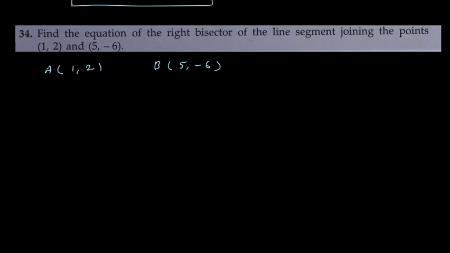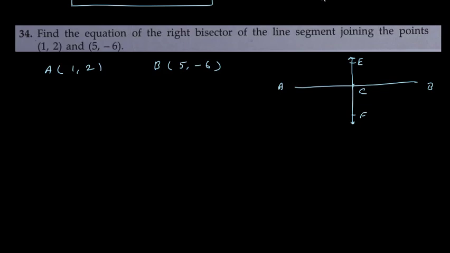I have to find the equation of perpendicular bisector. So I have these 2 points. From the center of this, say C is the center, I will draw a perpendicular line. Say name it as EF. I have to find the equation of EF.